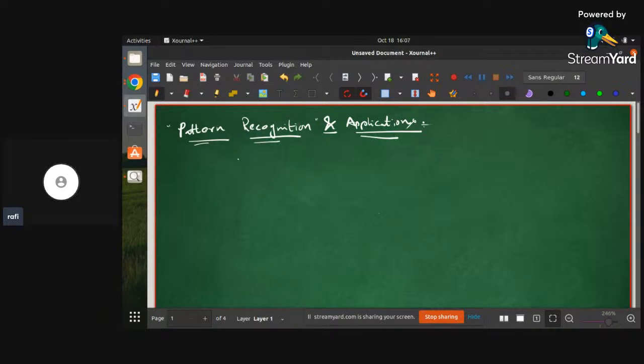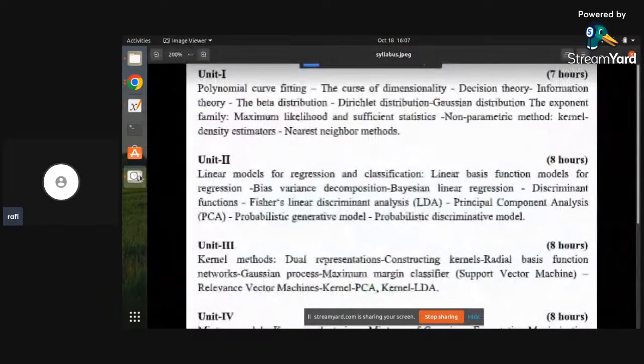Going into the topic, first we'll see the syllabus. You have 6 units. You know the structure. The first unit deals with the fundamentals required for this course.